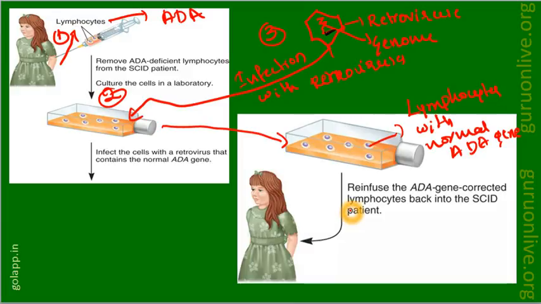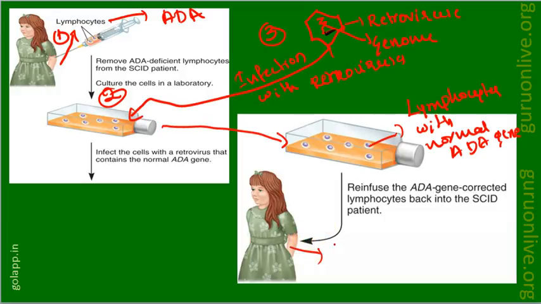Once these bone marrow cells get the corrected lymphocytes, there in the bone marrow this ADA gene gets activated and starts to produce the normal ADA enzyme.